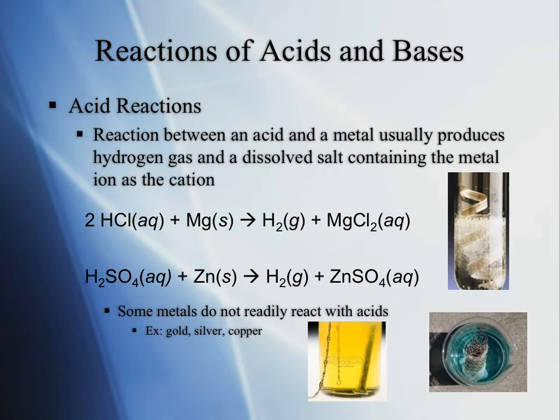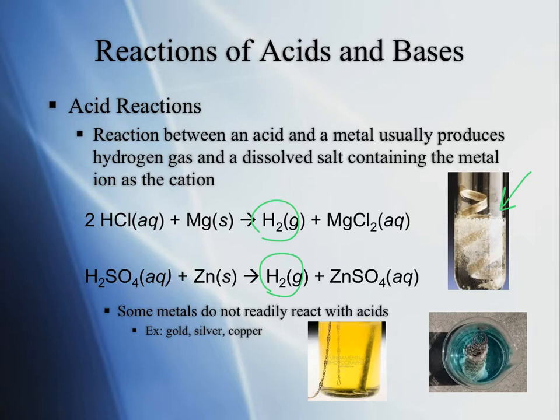All right, we had mentioned in the first slide on acids that acids can dissolve many metals. So a reaction between an acid and a metal is usually going to produce hydrogen gas. So those bubbles, in fact, we did this exact experiment in class. Those bubbles that we see coming off of the magnesium are hydrogen gas.